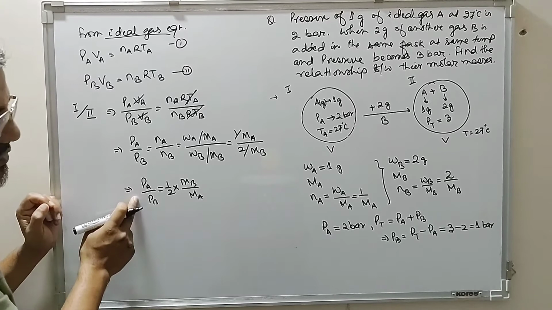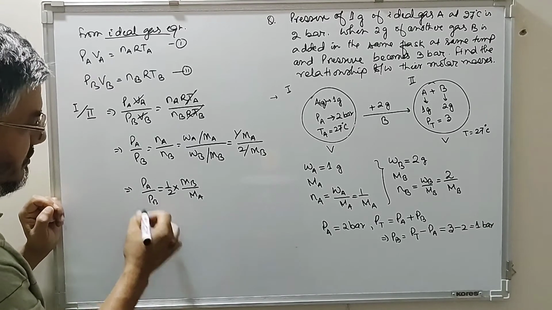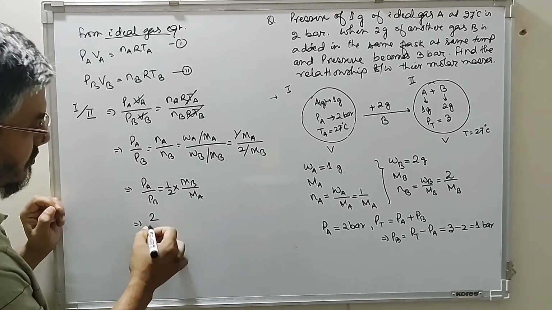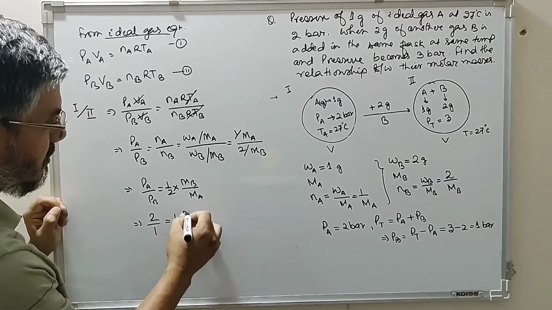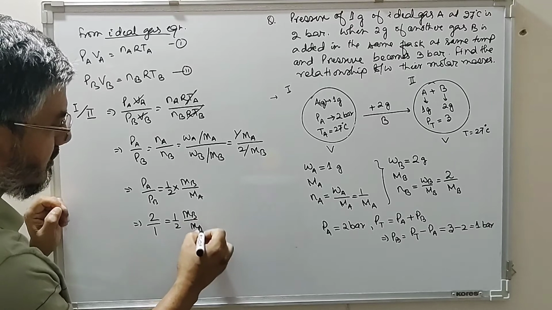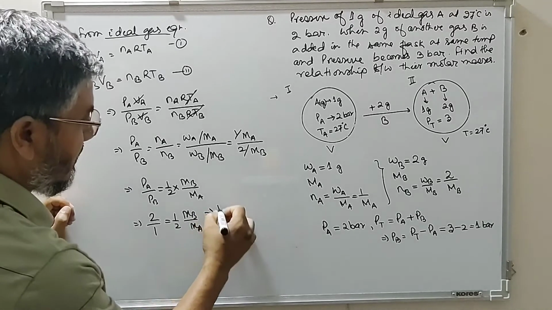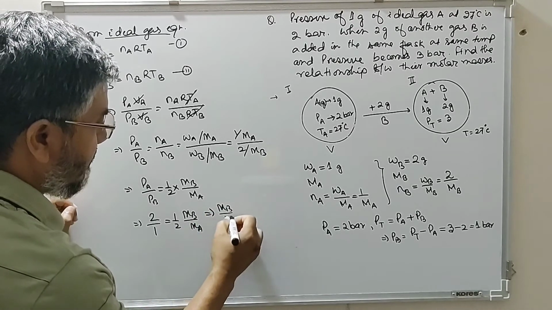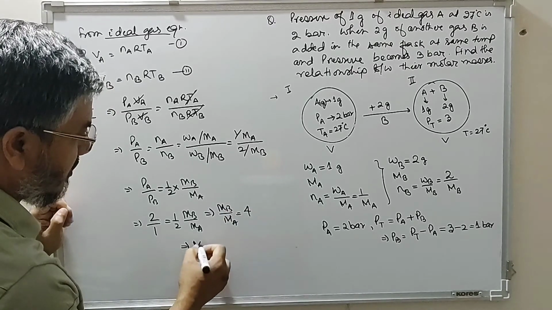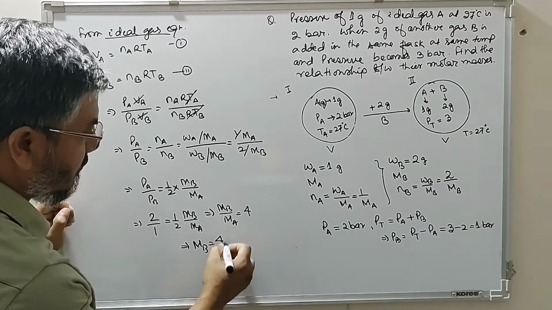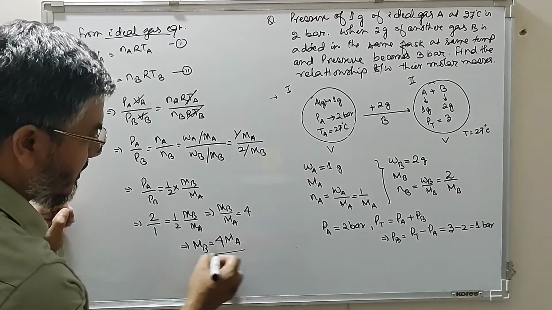Now we have the partial pressure of A and B. So partial pressure of A is 2, partial pressure of B is 1. So this is equal to half into MB by MA, or we can say MB by MA is equal to 4, or we say molar mass of B is 4 times molar mass of A.